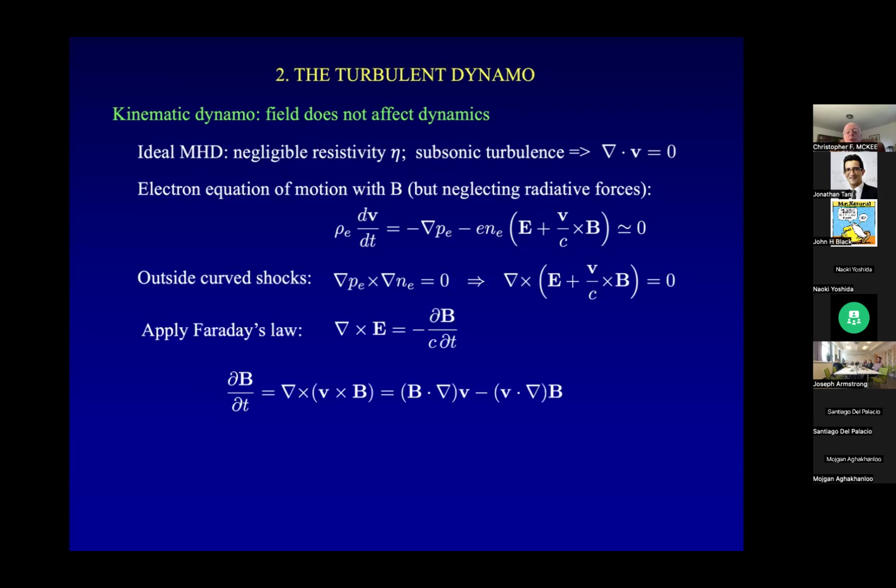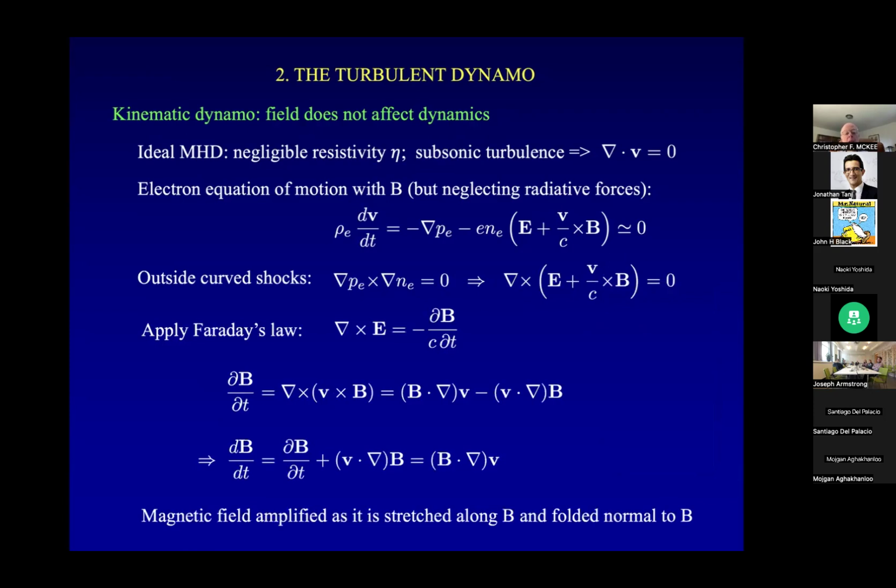So if we apply Faraday's law and also take advantage of the fact that the divergence of V is 0 and also the divergence of the magnetic field is 0, you can write down the equation for the partial B with respect to T. And so then for the total time derivative of B, I bring over the V dot grad B to the left-hand side. And I wind up with the total derivative just goes like B dot del V. So what does that mean?